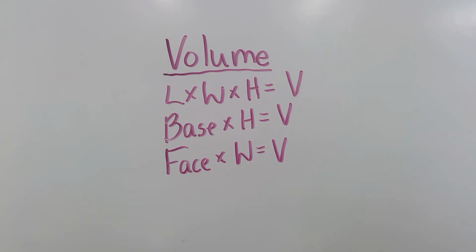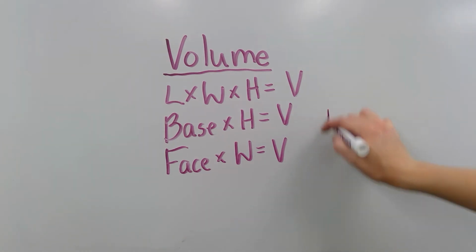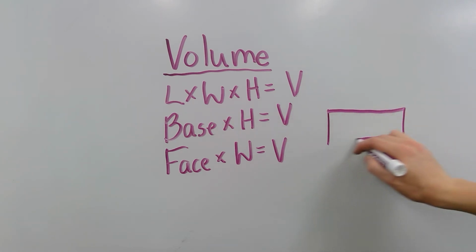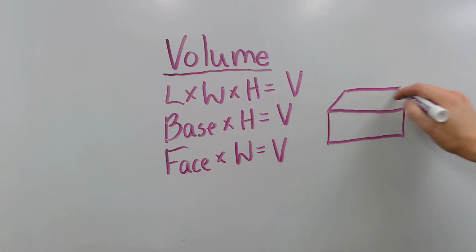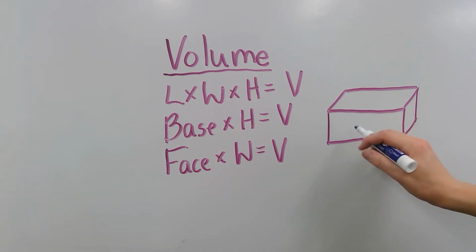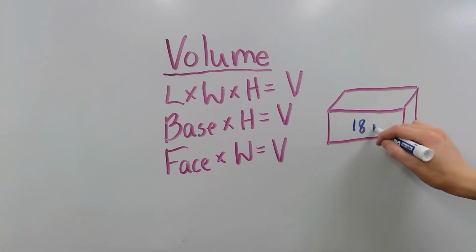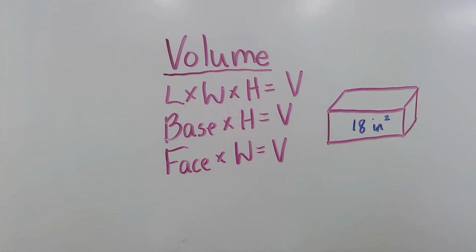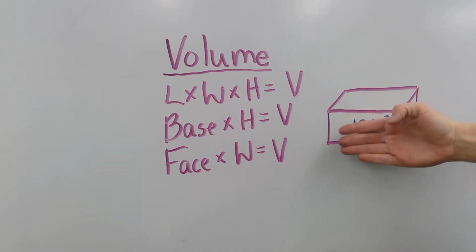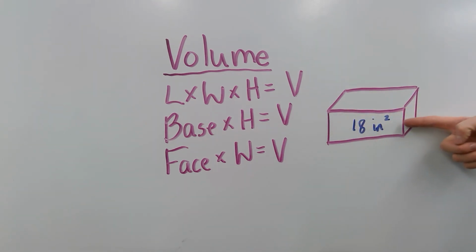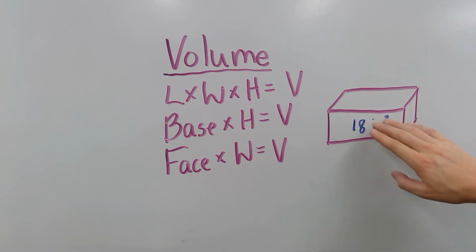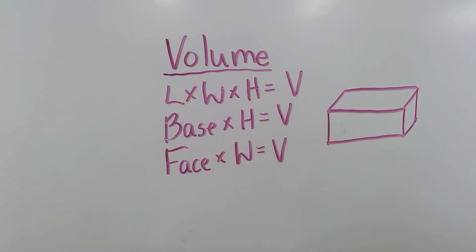So if I had a rectangular prism, and if it told me that the face of the rectangular prism was 18 inches squared, so that means on the front of my shape, on my prism, there are 18 little squares.